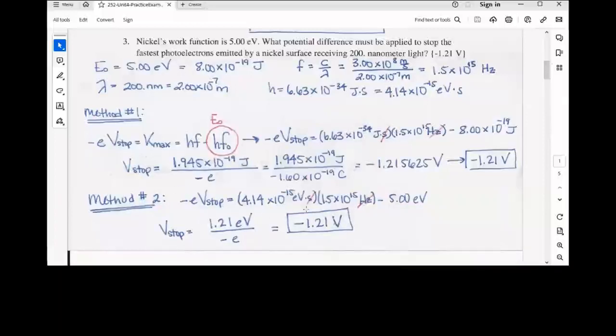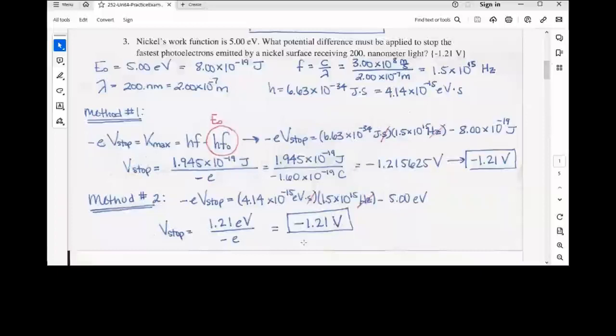The other method simply involves using Planck's constant in electron volt seconds as opposed to joule seconds, and the approach is a little different after this first step. So I have h times f. That's pretty much the same as what we did in method 1. Subtract off the work function. Now, when I solve for V stop, I have an energy of 1.21 electron volts divided by negative e.